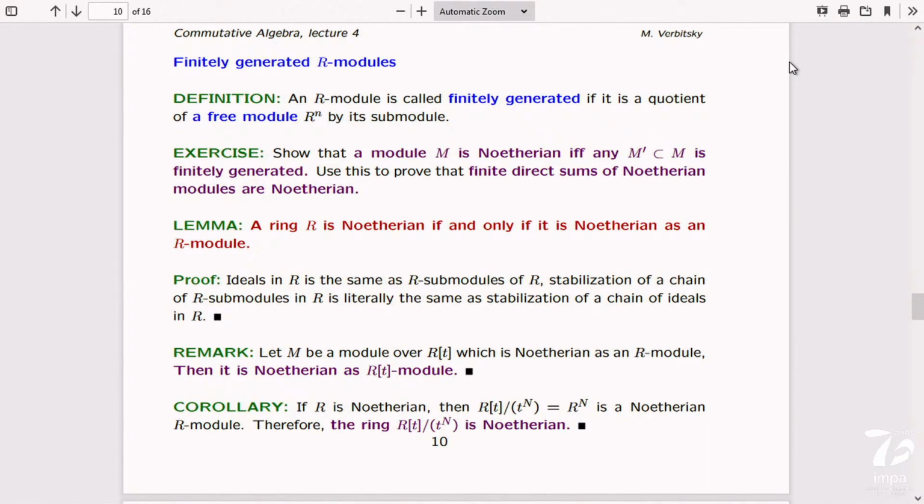Yeah, and of course, a finitely generated module is just a quotient of a free module. So definition, R^n is a free module. It's just a direct sum of several copies of R, and M is finitely generated if M is a quotient of R^n.